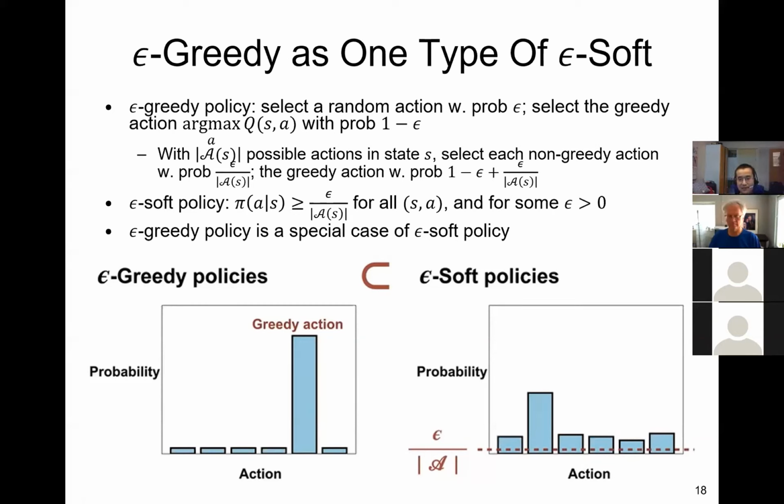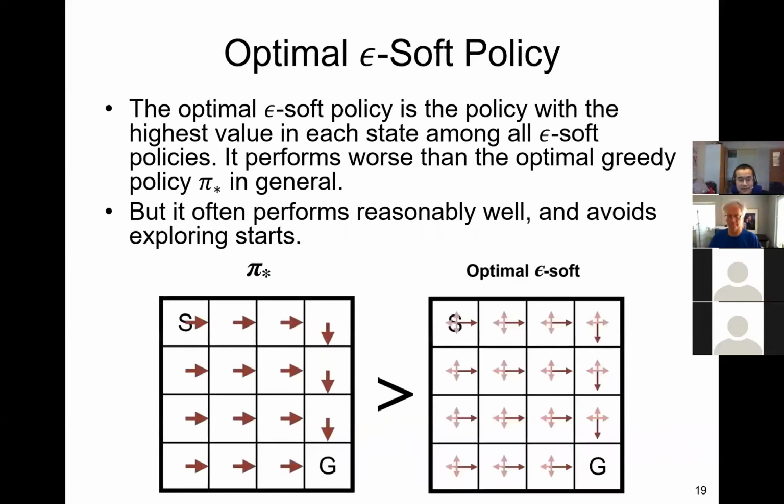So it's a more general form of policy specification. Epsilon greedy is a special case. You may think of a softmax with an additional lower bound, for example, as a soft policy, but just the softmax doesn't give you a lower bound on the probability.